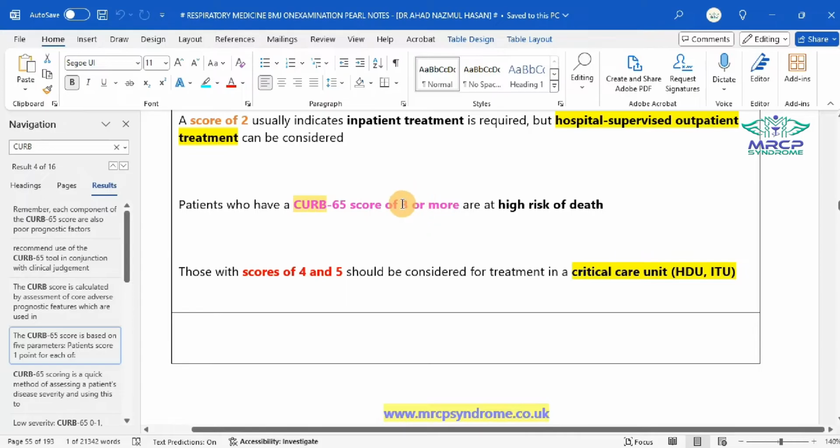And whenever the score is 3 or more, the patient should always be treated in the hospital. Whenever the score is 4 or 5, or in other guidelines whenever the score is 3, the patient should be treated in the critical care unit, either in the ASTU or in the ITU.